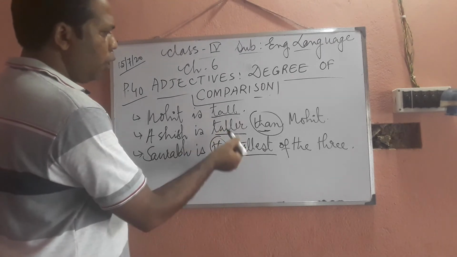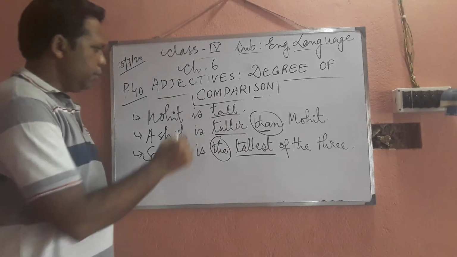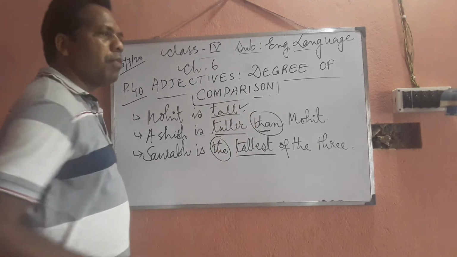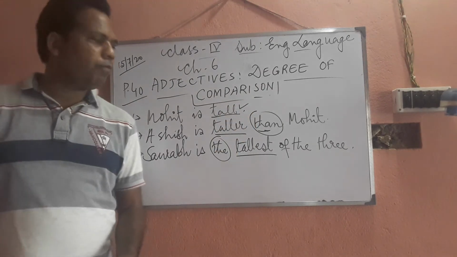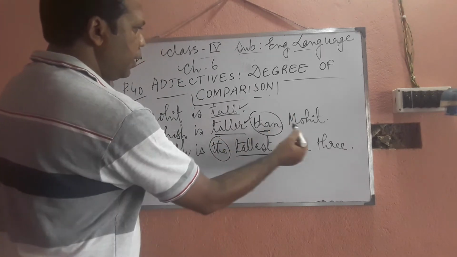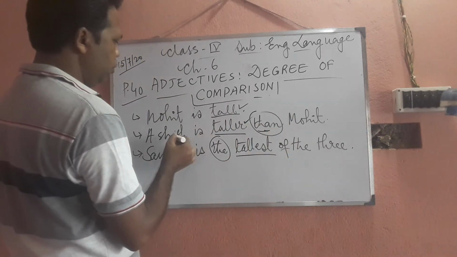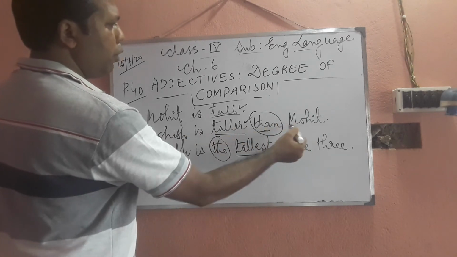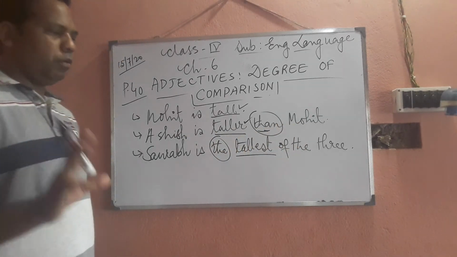So tall, taller, tallest. This first one is called the positive degree. This second one is called comparative because we are comparing Ashish and Mohit. Ashish is taller than Mohit. So there is a comparison between two.